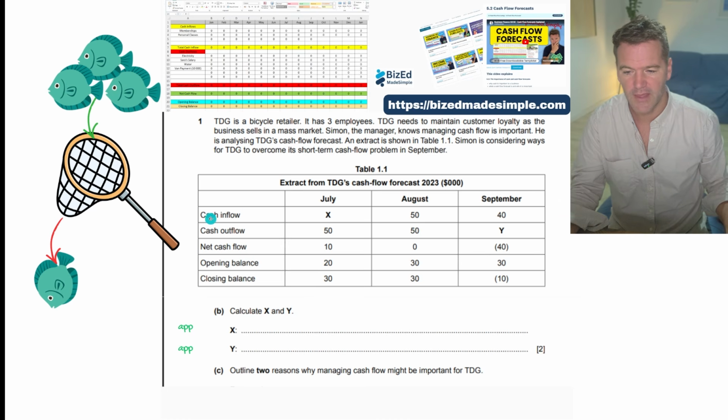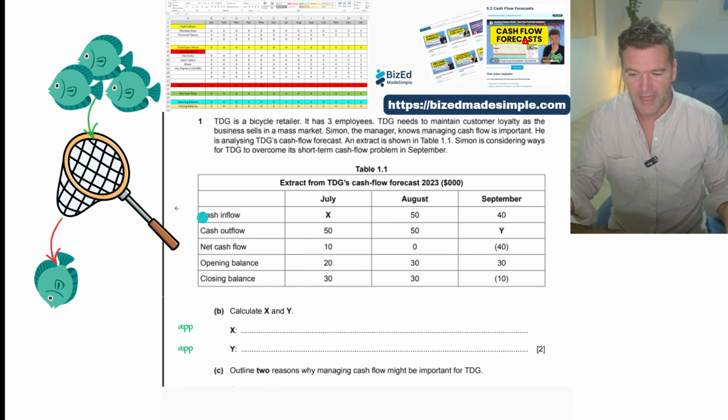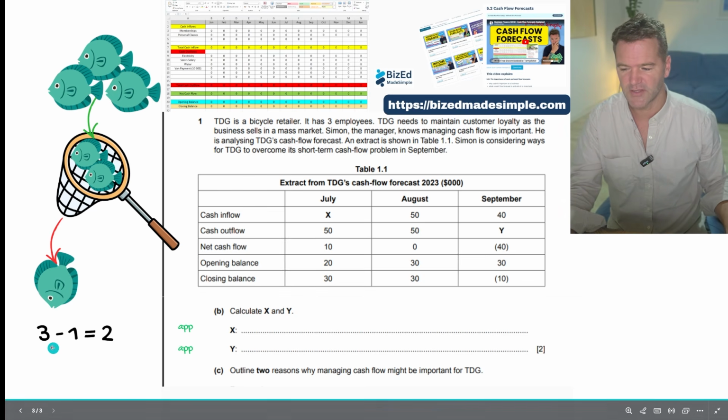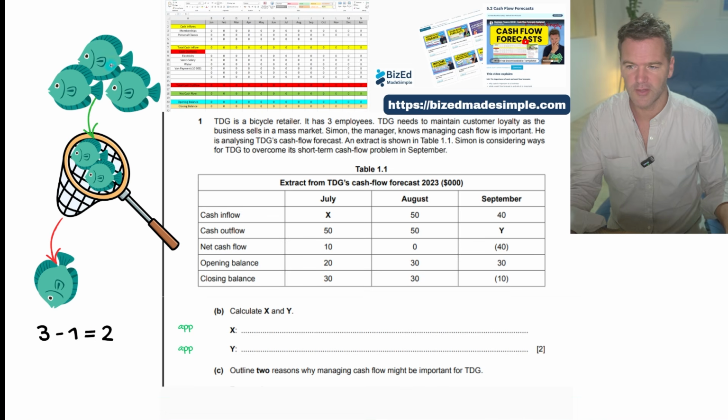So if 3 fish cash inflow, 1 fish outflow, how many would you have left? And I'm hoping you're going, that's pretty easy, it's 2. There we go. Therefore, you can learn it by equations, but the equation we can see is 3 minus 1 equals 2. So 3 inflow minus the 1 outflow would tell you what's the net cash flow.